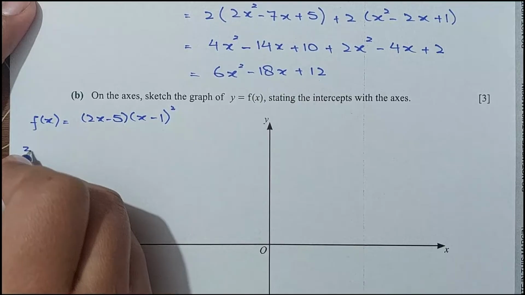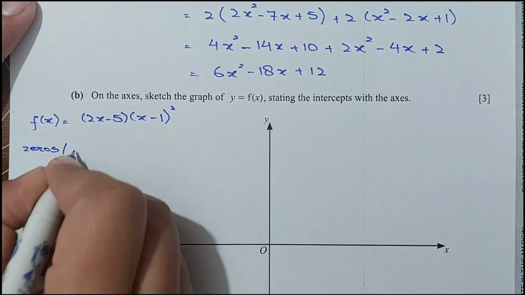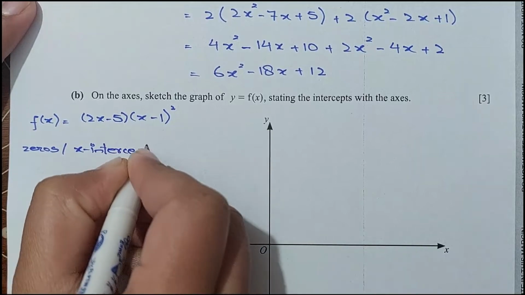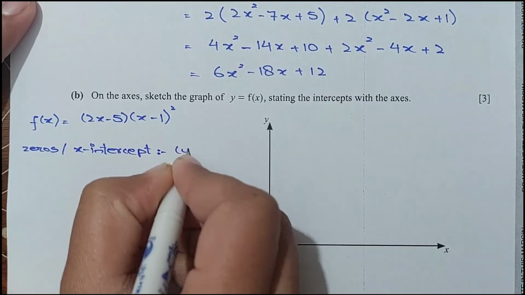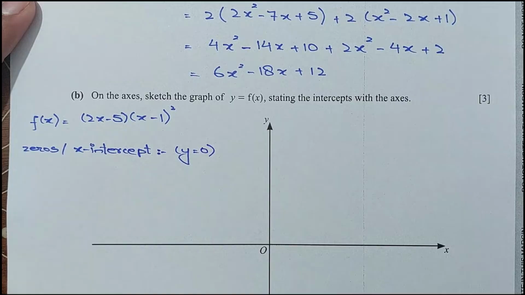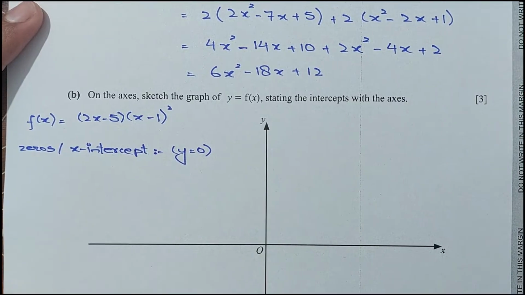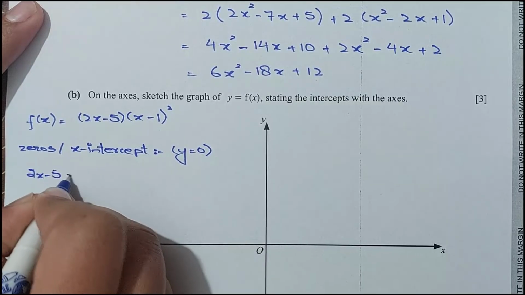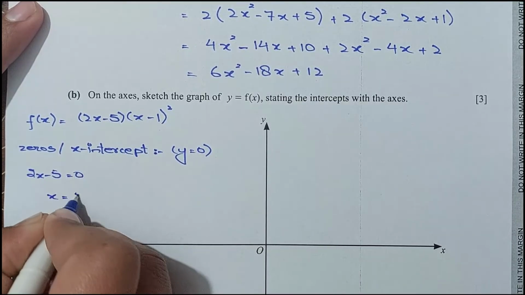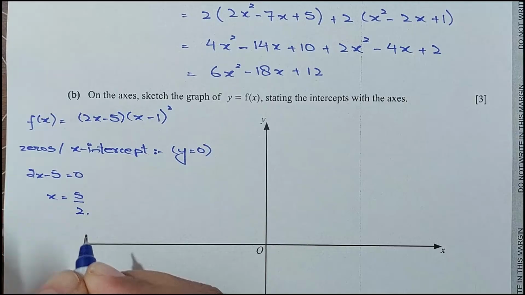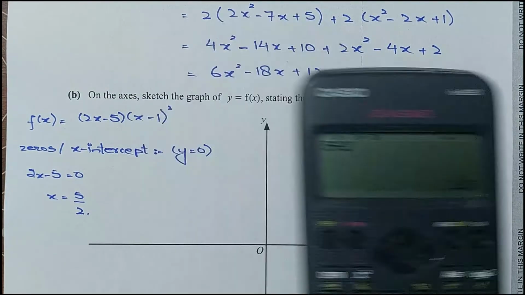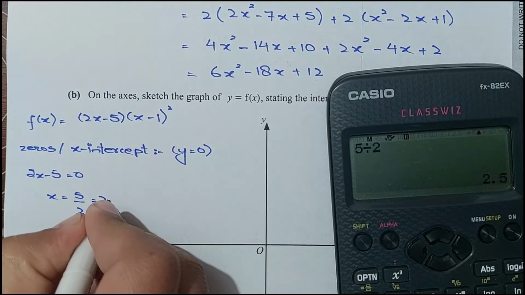Let me write down the zeros, or we can say the x-intercepts for this graph. For x-intercept, we put y equals 0, or f of x equals 0. The first x-intercept is 2x minus 5 equals 0, so x value is 5 by 2. In decimal, that's 2.5.